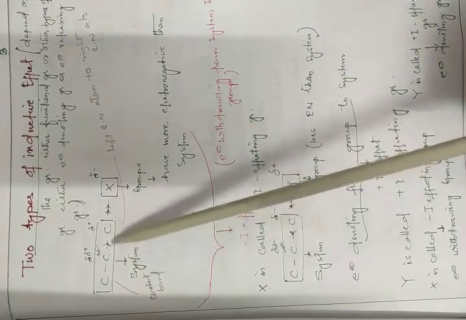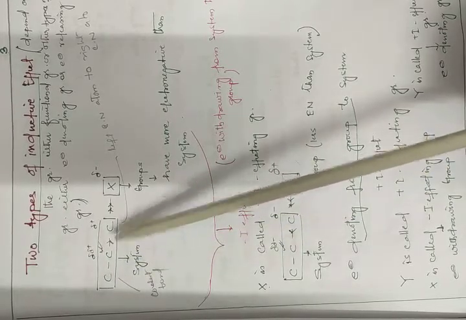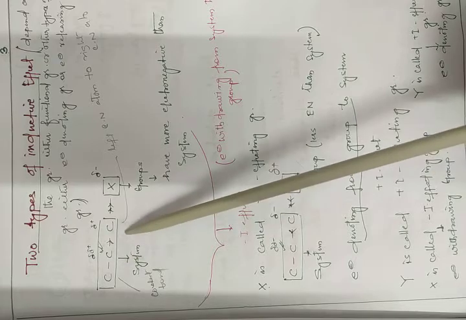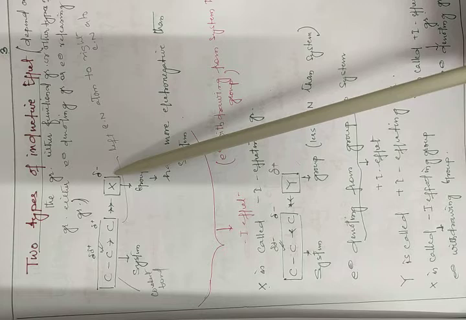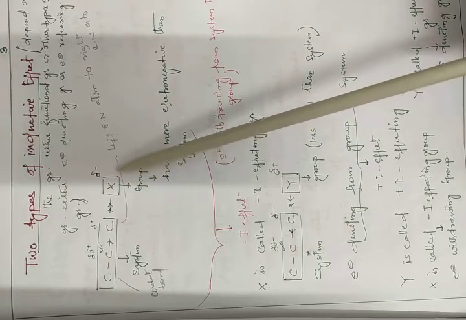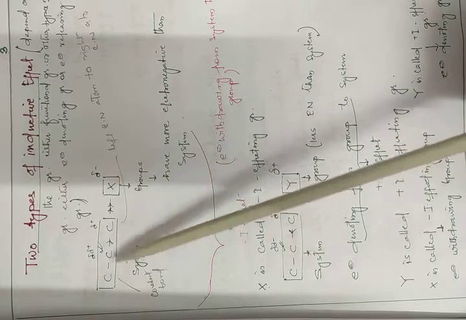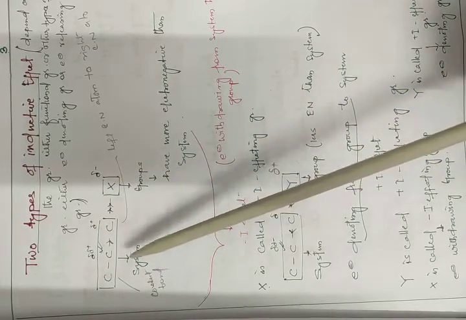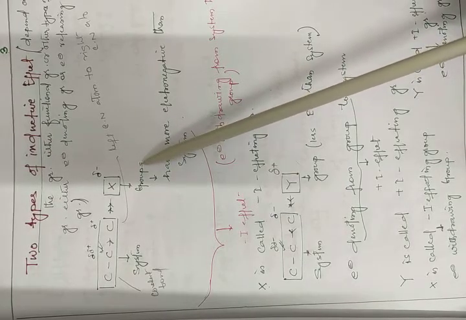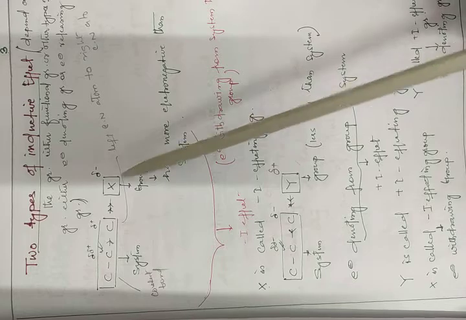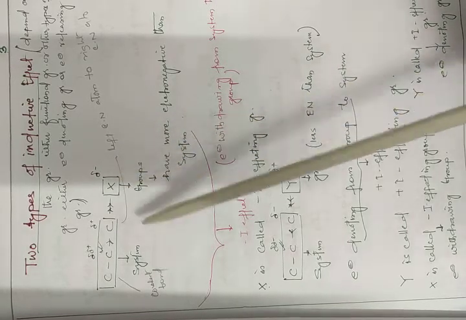Here there are 3 carbons attached to X, which is a halide group. These 3 carbons represent the system, and this halide X represents the group. This X has more electronegativity, it is more electronegative.